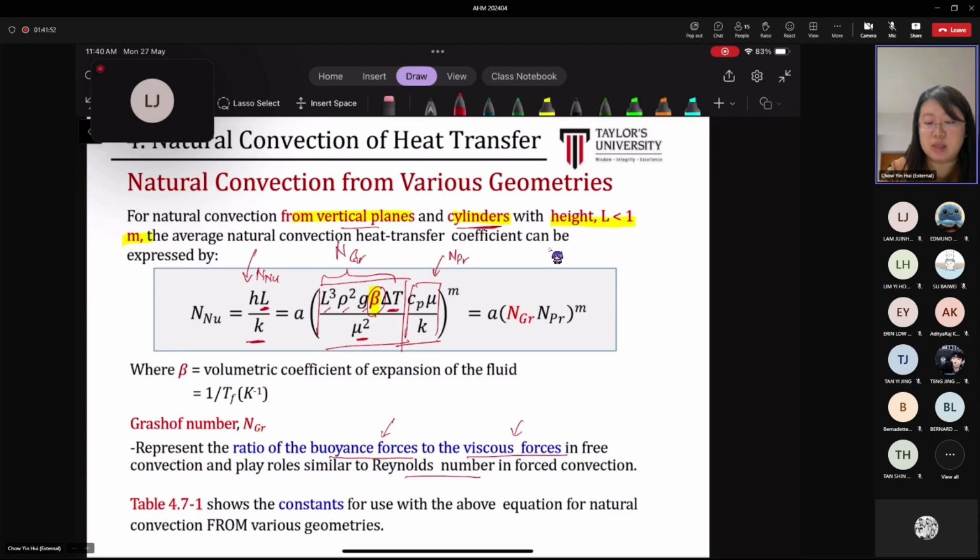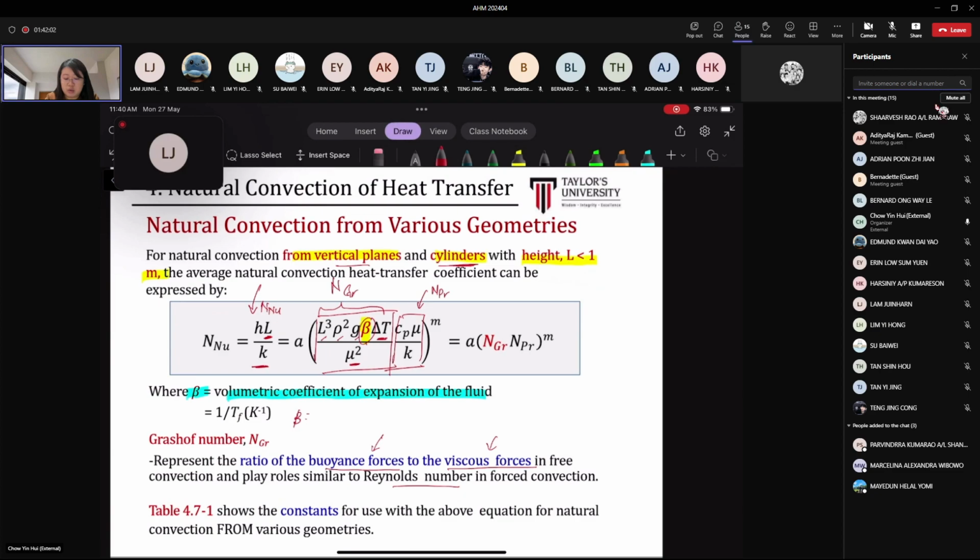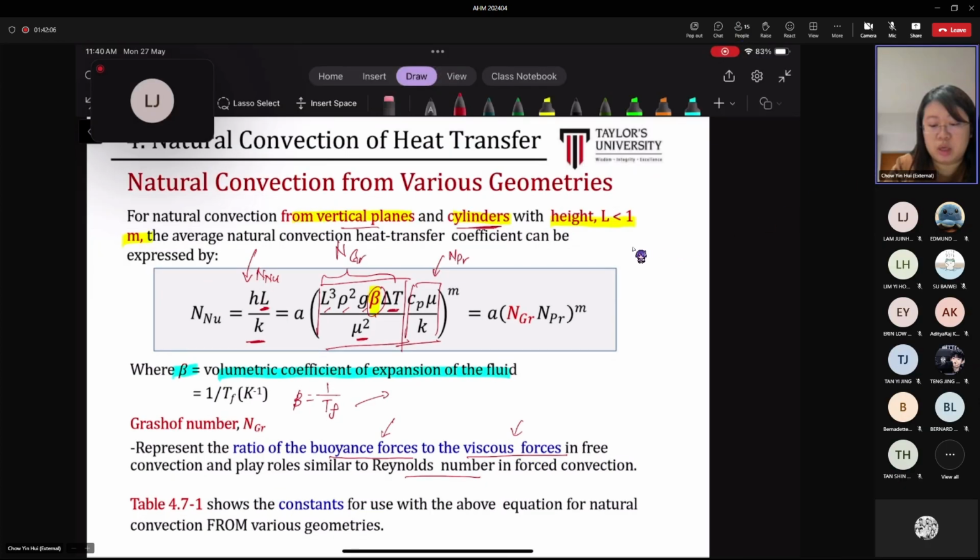This beta is known as the volumetric coefficient of expansion. The beta value equals 1 over the film temperature, which means before you can find the beta value, you need to calculate the film temperature.